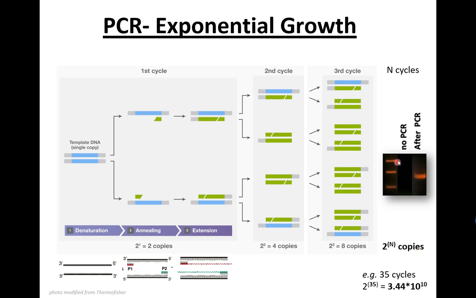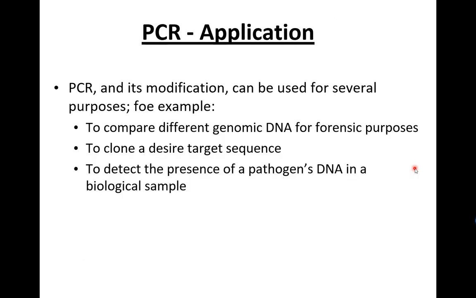To a point that if you actually run it on a gel, imagine this is a sequence within a genome, you load it without doing the PCR, you wouldn't see anything. But after 35 cycles, now you start having so many copies of this that they would actually start being visible in an agarose gel, and that's exactly what you'll be doing in your lab.